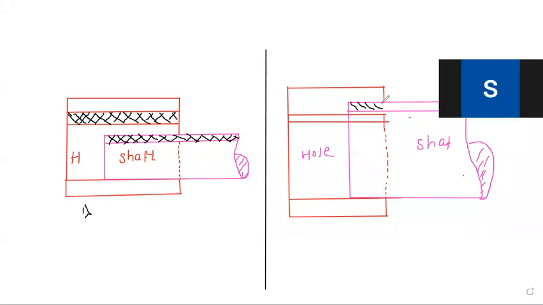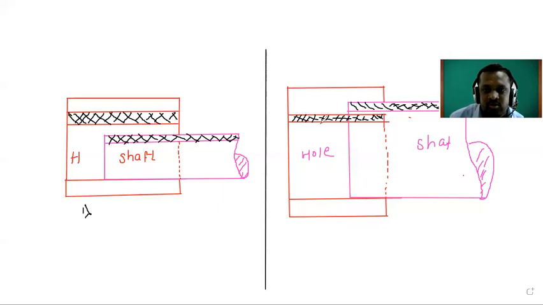This is the tolerance zone for the shaft, and this is the tolerance zone for the hole. Okay, this is condition number 2. Then tell me which fit this is an example of: whether it is a clearance fit, an interference fit, or a transition fit.